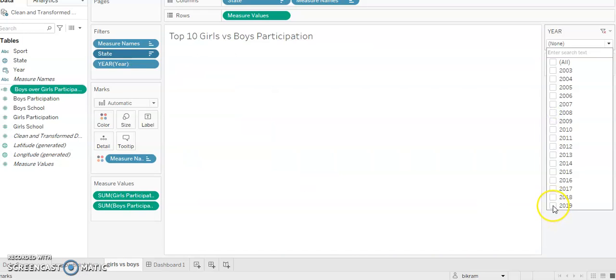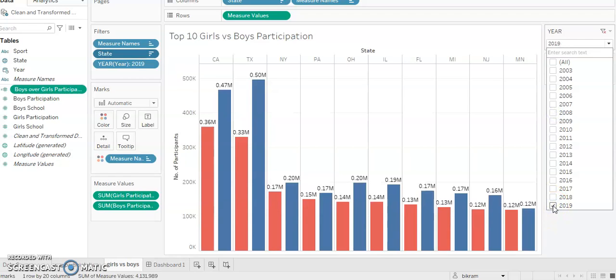But in 2019, we can see that the gap has decreased, and California has more girls' participation than Texas. So the trend is improving.